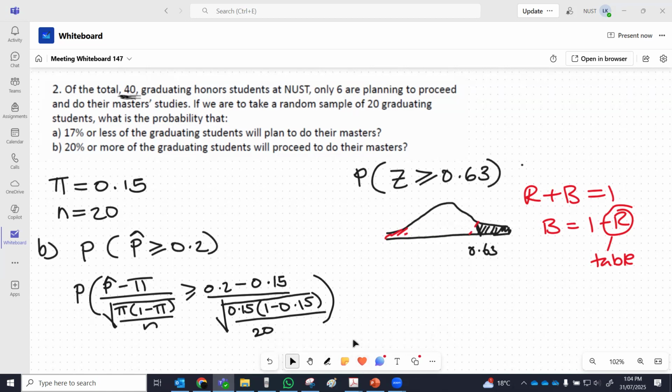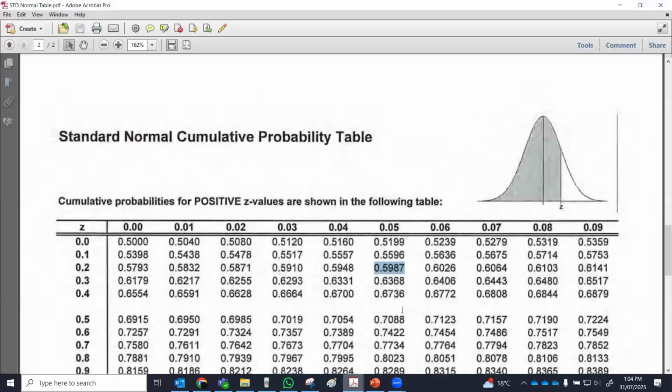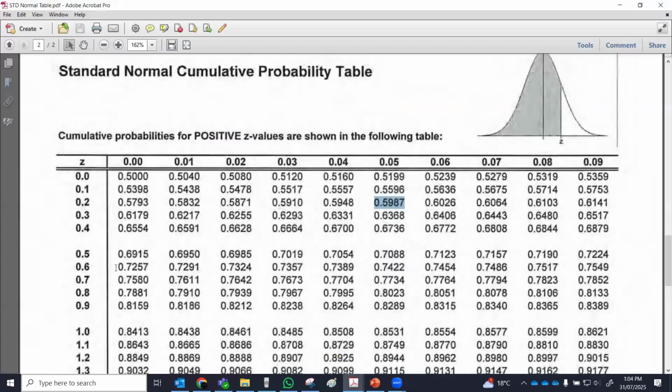So this probability that Z is greater than or equal to 0.63, this is going to be 1 minus, I go to my table and I look for 0.63. So here is 0.60123.